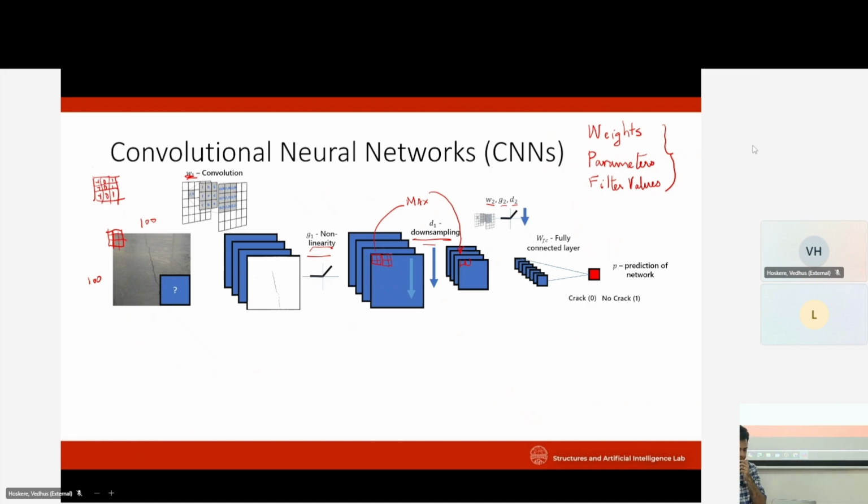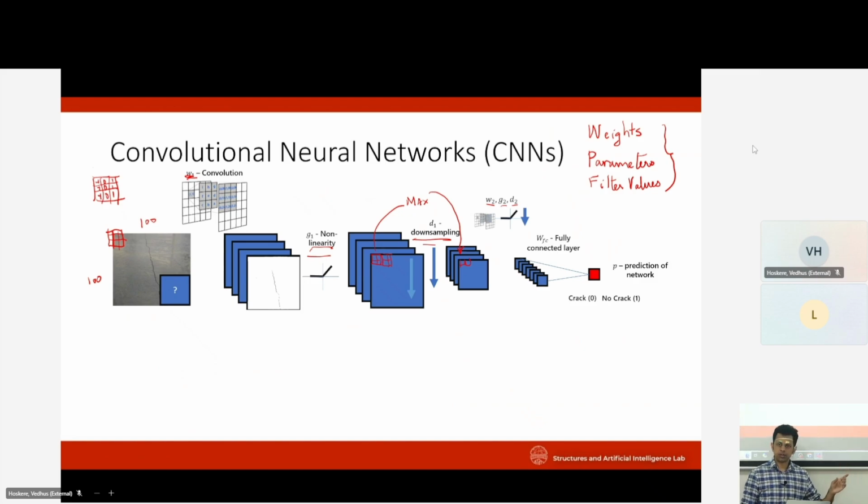Now, when I do have this direct matrix multiplication where I'm going from 10,000 by 1 to 2 by 1, that's called a fully connected layer because you're doing this full matrix multiplication.